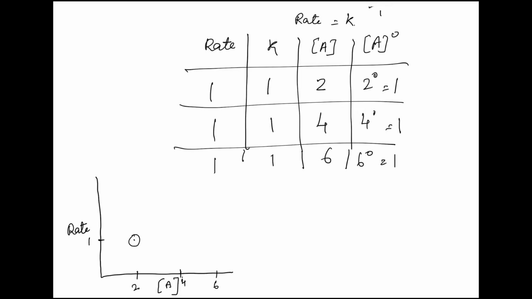At concentration 4, rate is 1. At concentration 6, the rate is 1. So it will be a straight line which is parallel to the x axis. So rate is constant. This is zero order reaction.